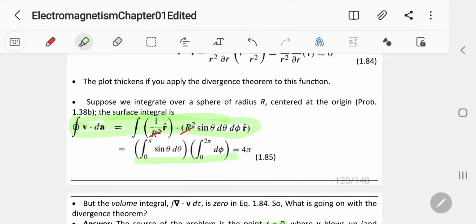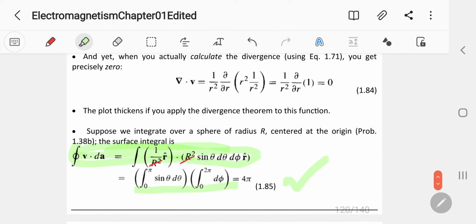In this case you don't have dependence on r, so this must be correct rather than this, because this one is dependent on r and this one is independent of r.